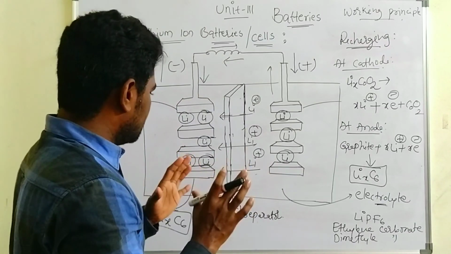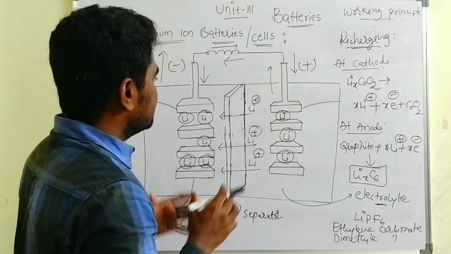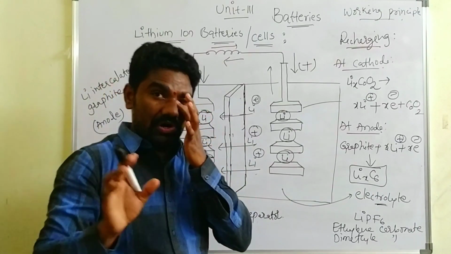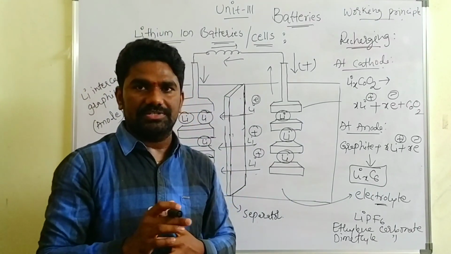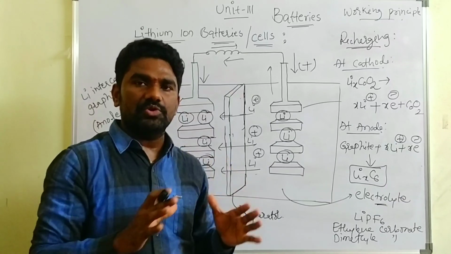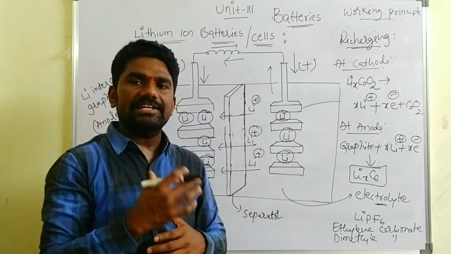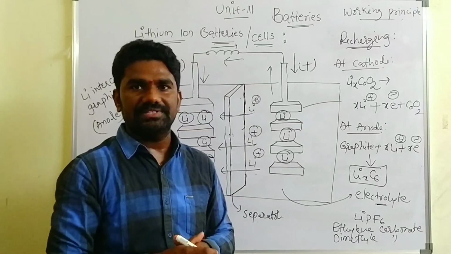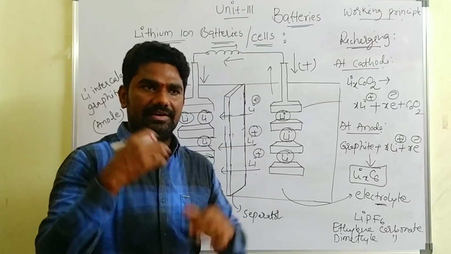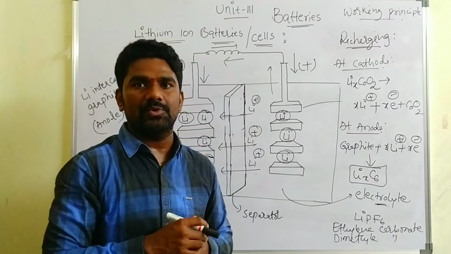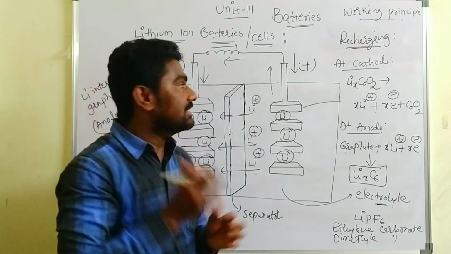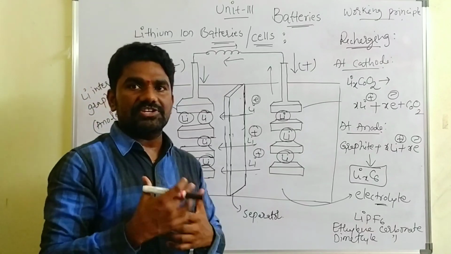Now if you see here, simply we can say the discharging mode is spontaneous, isn't it? And in the recharging mode, we are giving external energy, an external electric source. But in the discharging mode, there is no external energy.